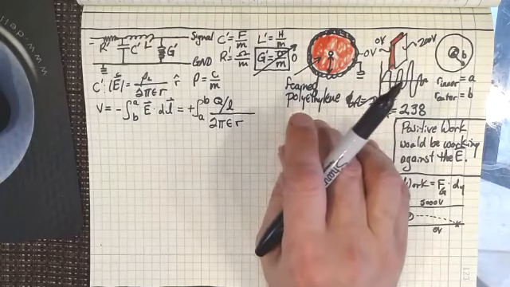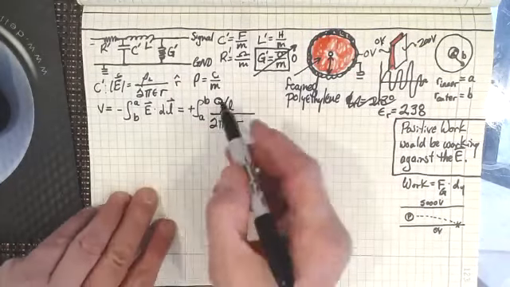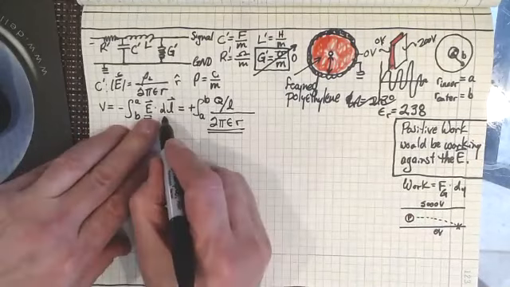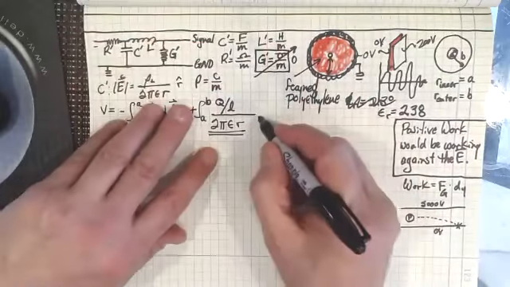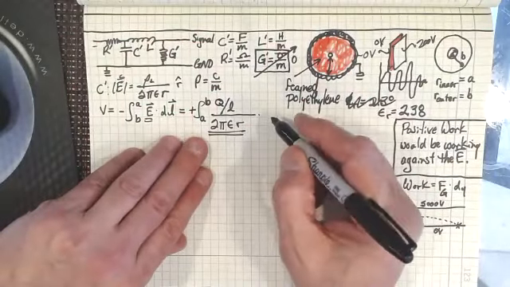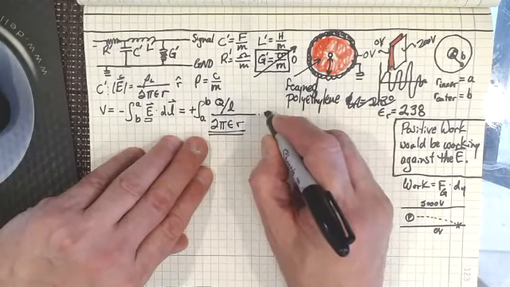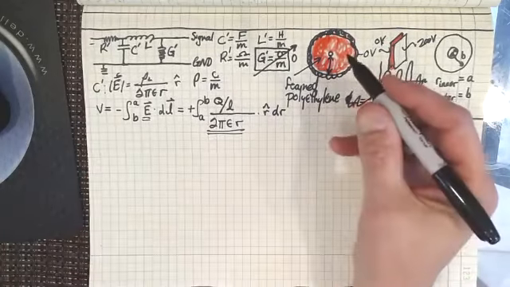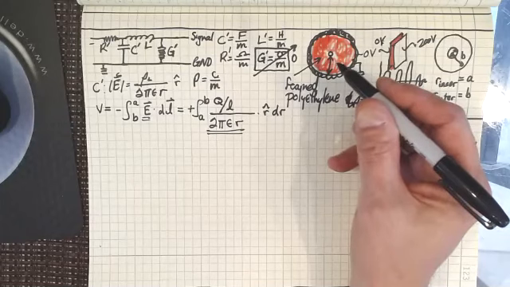And then I want to take this, and so this right here is this right here. Now what's dl? I did this the other day in a lecture: dl is just r hat dr, because it's in the radial direction already.